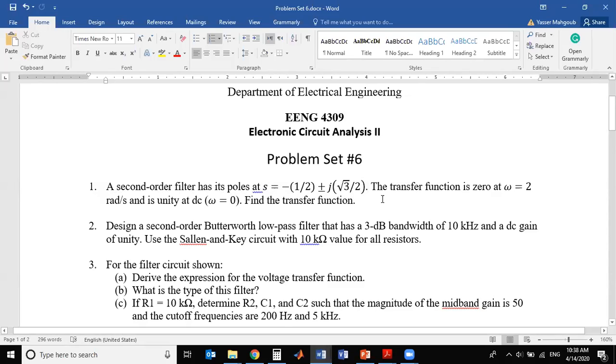The other requirement: the transfer function is 0, so H of s is 0 at omega equals 2 radian per second, and it is unity, so the transfer function also has a unity gain at DC. When omega is 0, the frequency response is 1. We need to find the transfer function.